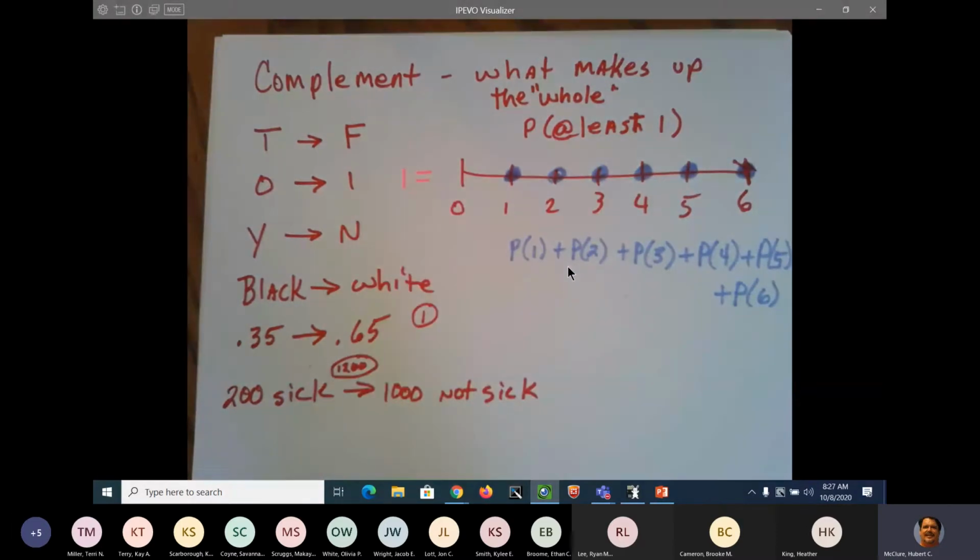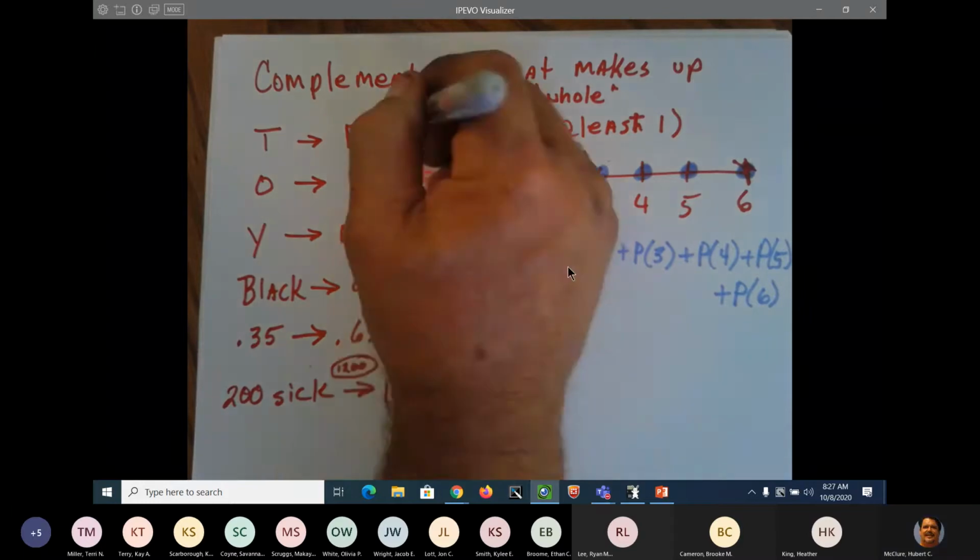Because I said in unit 2, the first part, that probability is a prediction from 0 to what?